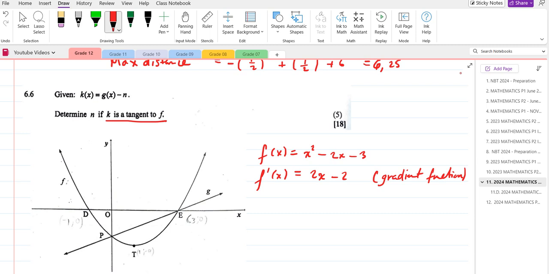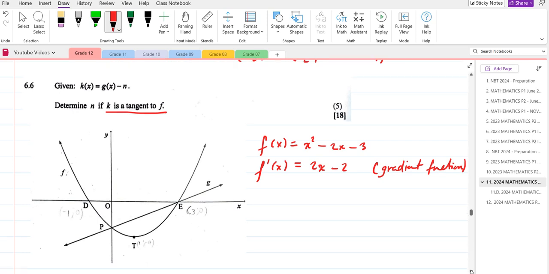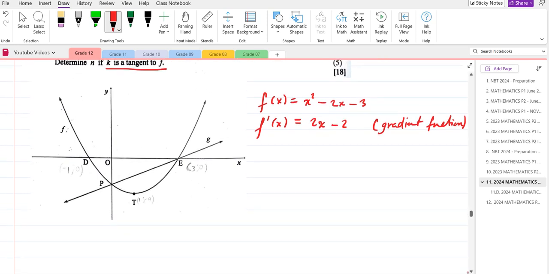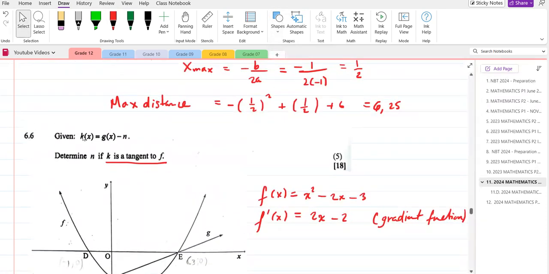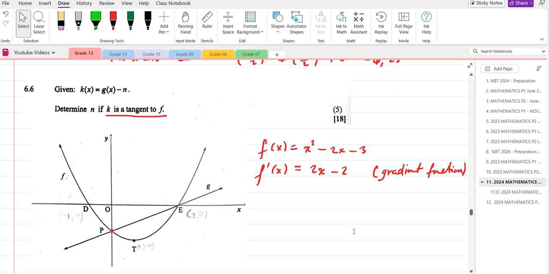Determine n if k is tangent to f. So how can this become a tangent? I'm trying to focus on this line, because they said g of x minus n. Now what is k of x? Remember, k of x is equal to g of x minus n.